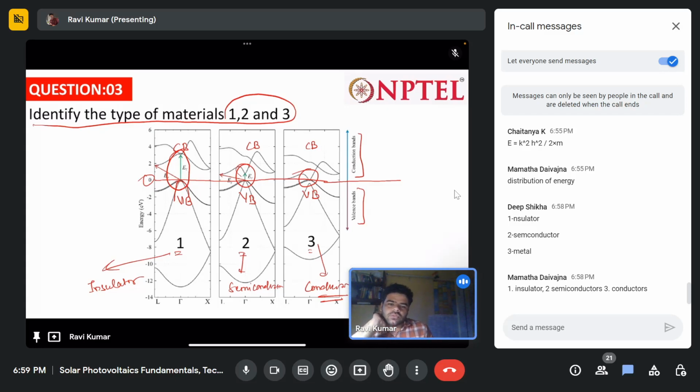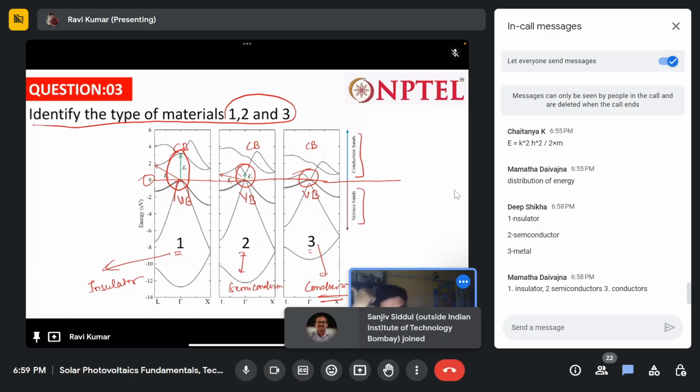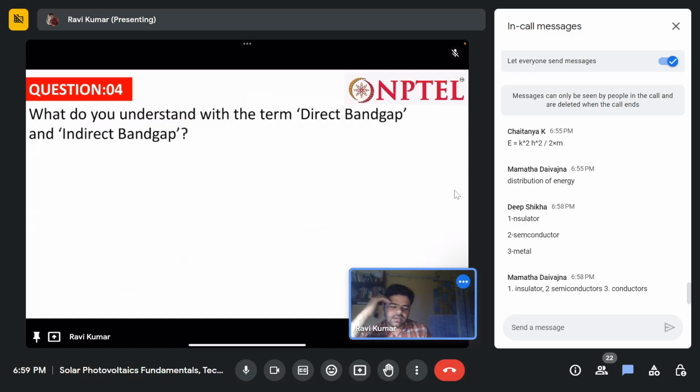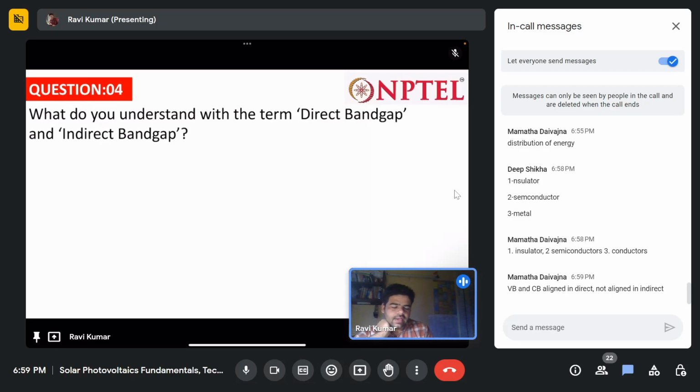Now let's come to the types of semiconductor based on the band gap. We have direct band gap semiconductor and indirect band gap semiconductor. Can you let me know what these direct and indirect band gap semiconductors are?